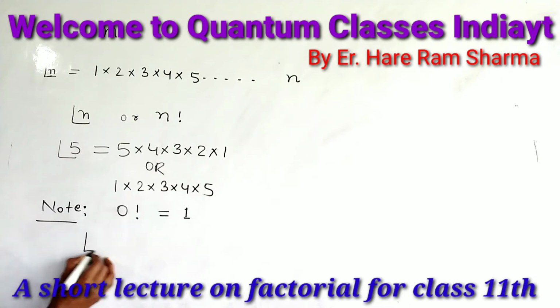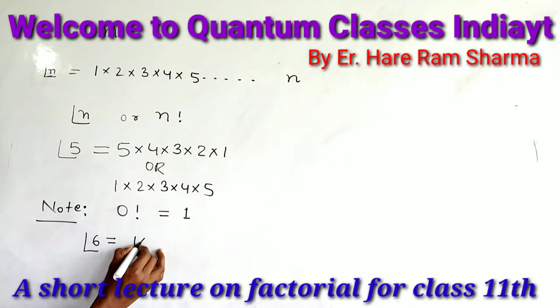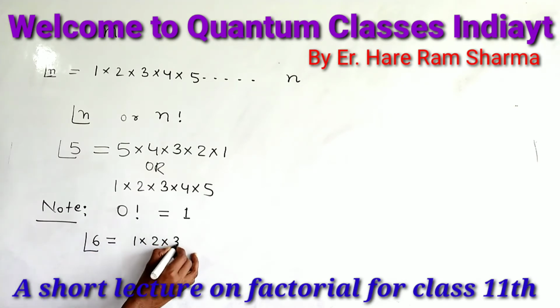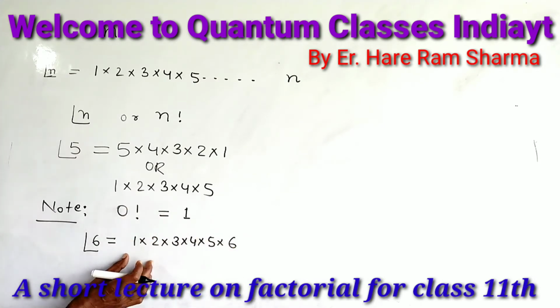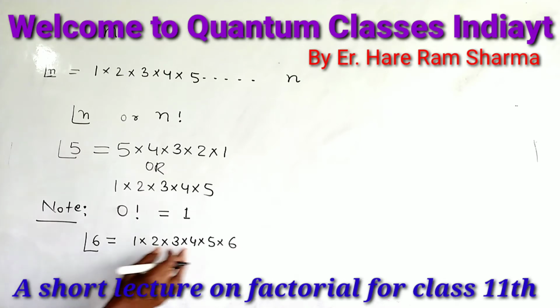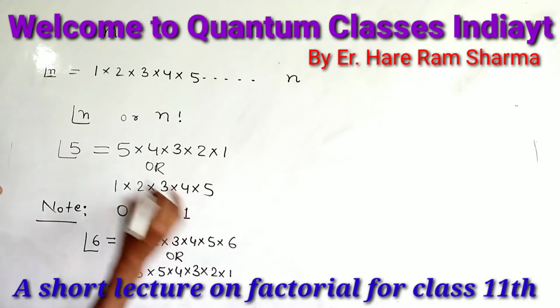Now if we have to find the value of factorial 6, then we can write 1 into 2 into 3 into 4 into 5 into 6, that is the continued product from 1 to 6, or from the ending term, 6 into 5 into 4 into 3 into 2 into 1.